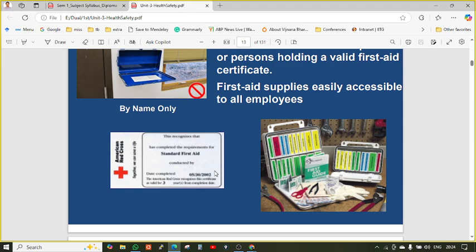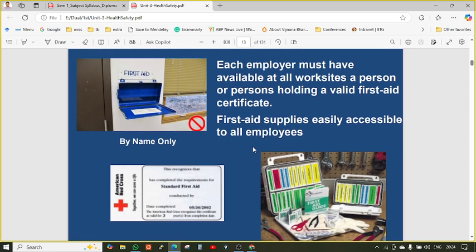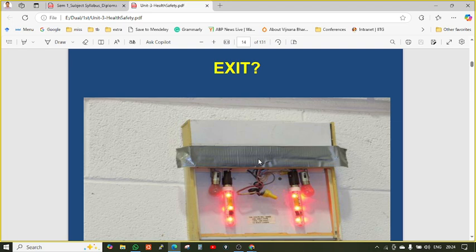If there are band-aids, glycerin, and so on, and someone is cut or burned, they can immediately relieve that. That is called first aid. So first aid should also be kept.